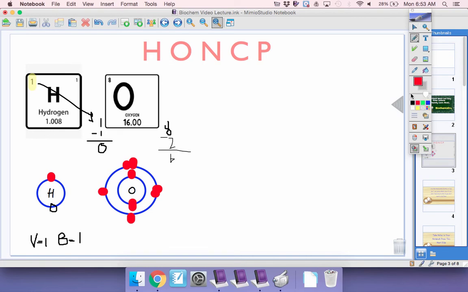Okay. And since that's our last orbital, we have our valence electrons equaling 6. And then the second energy level can hold 8 total. So we have 1 open space, 2 open spaces, which means we can make 2 bonds.